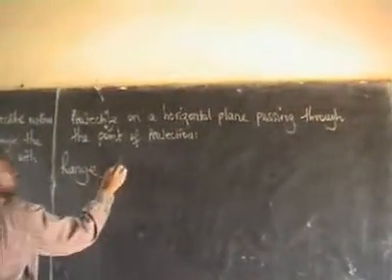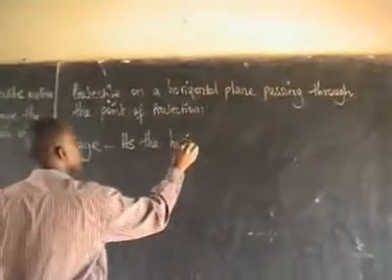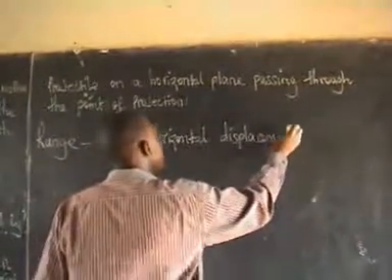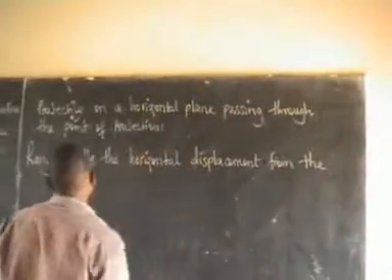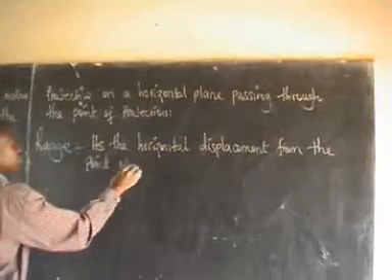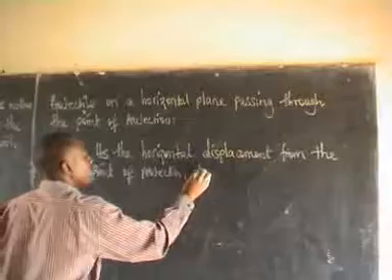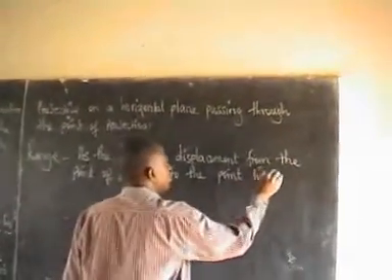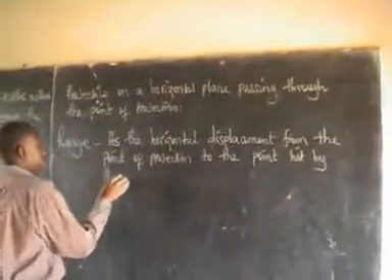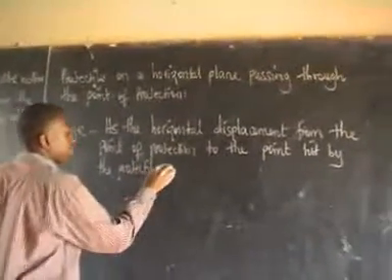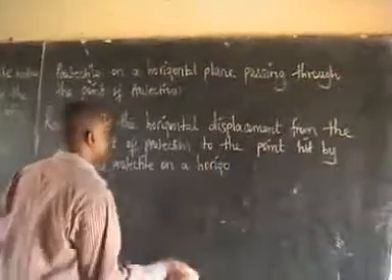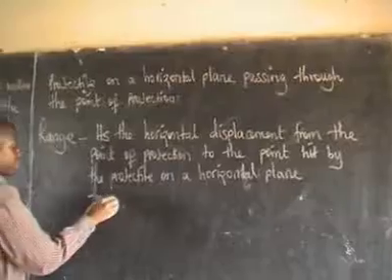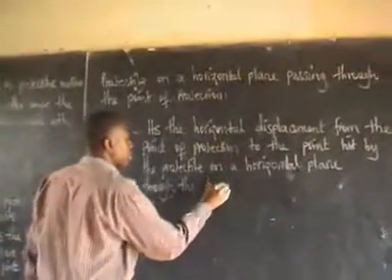It's defined as the horizontal displacement from the point of projection to the point hit by the projectile on the horizontal plane through the point of projection.